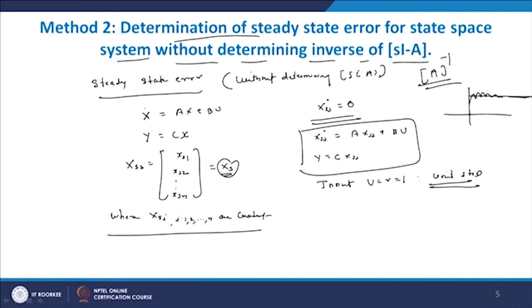Now, here we are concerned with the unit step input, the steady state equation, and then we will see what result we will get. So, now here 0 equals A x_s plus B u, where u is the steady state input of 1, and y_ss equals C into x_s.